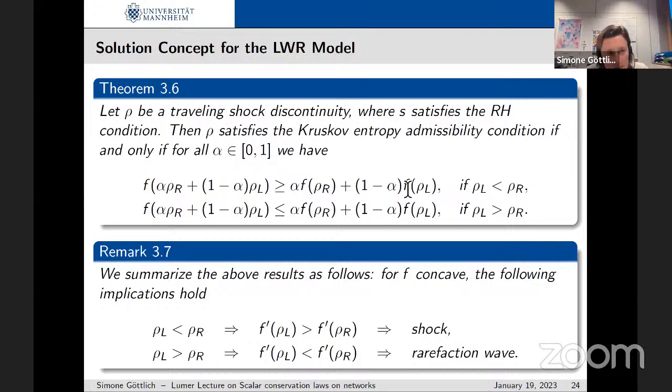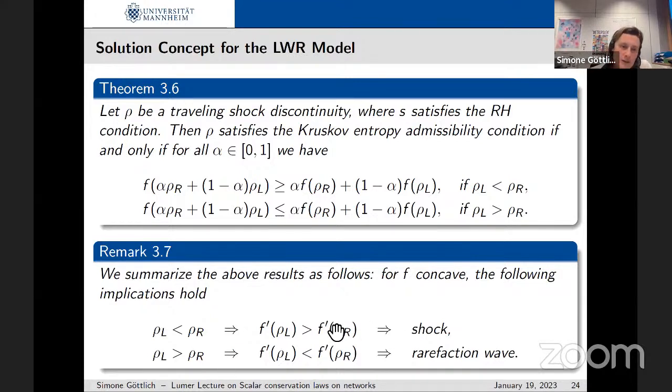But anyway, maybe we can check the remark above to see what it means for the traffic flow model. So for the traffic flow model, we know that we have a concave flux function and the following implications hold. In the case that rho L is smaller than rho R, we see that the derivatives are given in that way, and we would end up with a shock solution, a traveling shock.